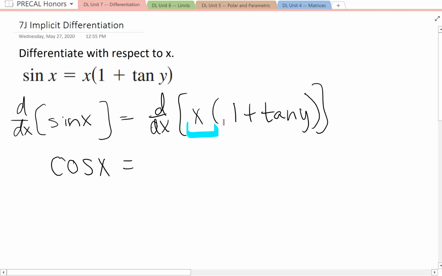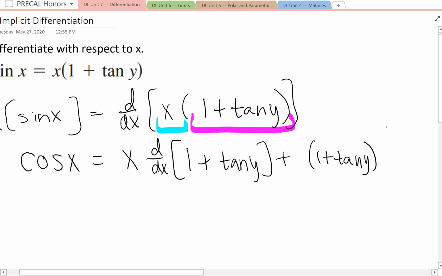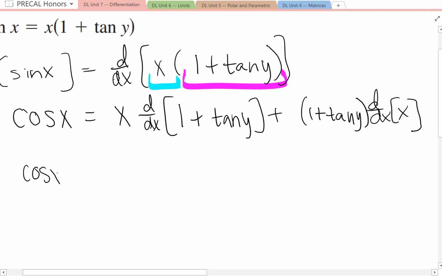So we have f and we have g. f dg, so the derivative of the second function, plus g df, derivative of x. Cosine x equals x times the derivative of 1 is 0 plus the derivative of tangent of y.